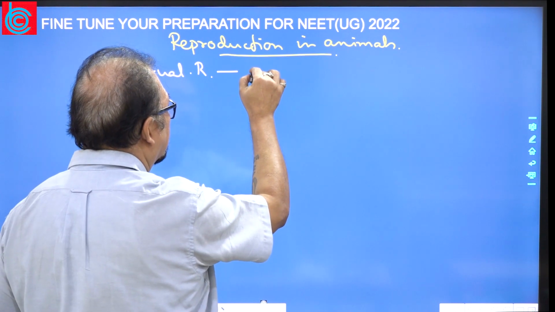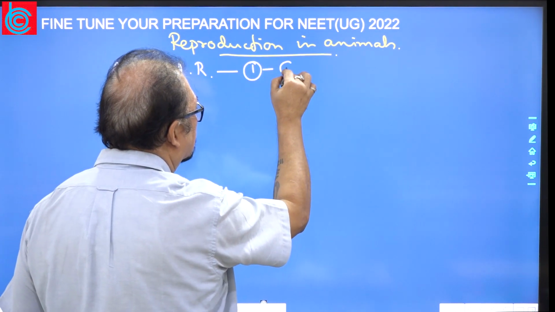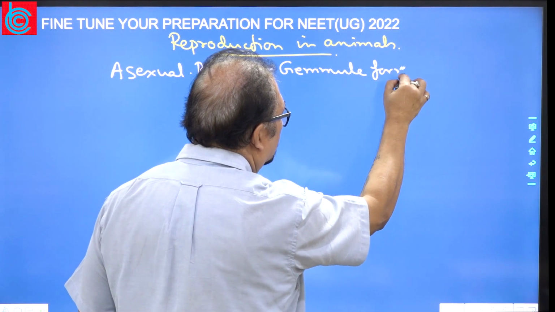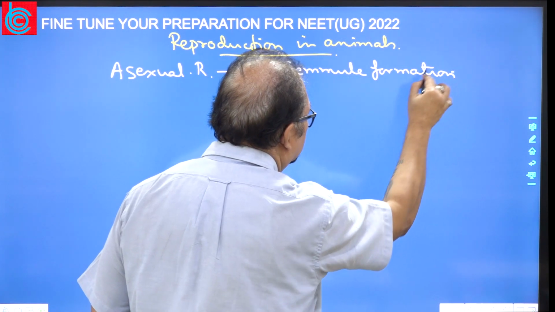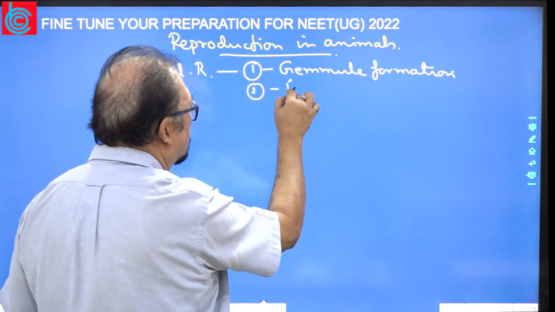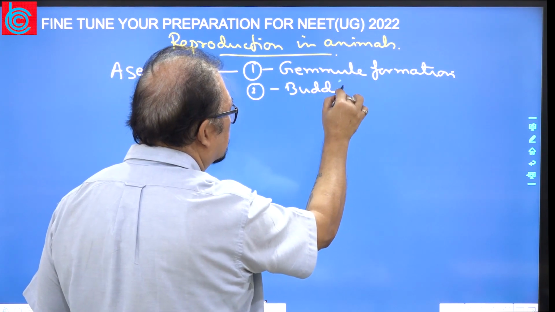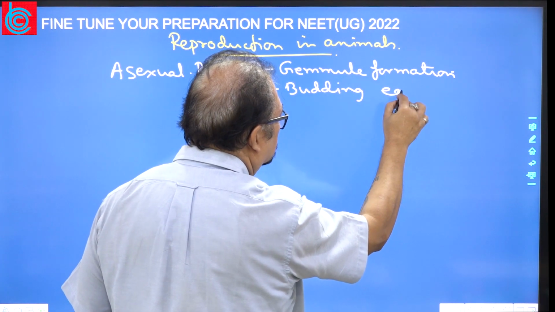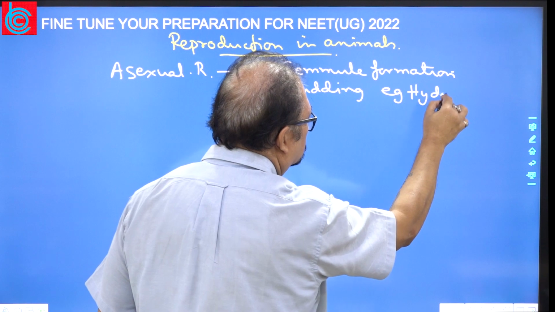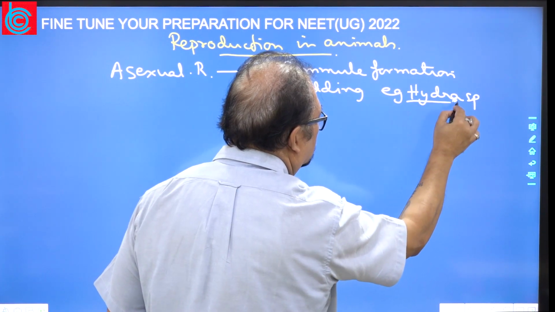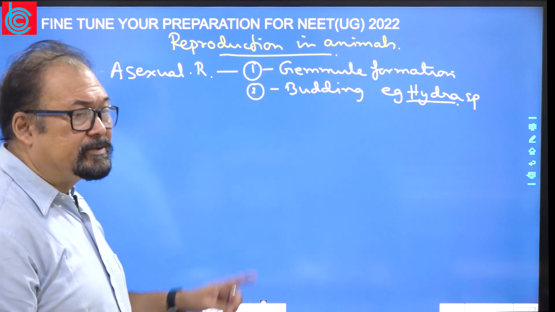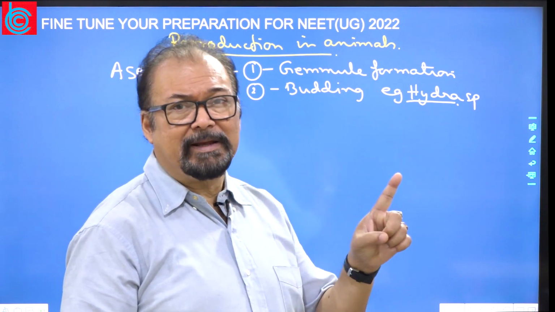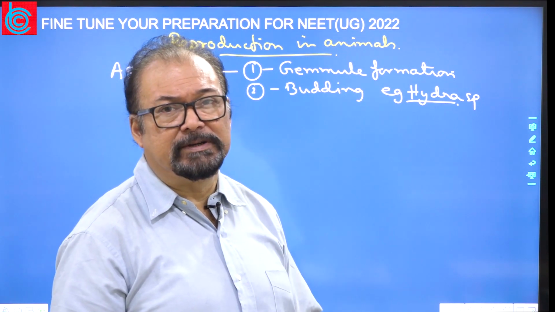Asexual reproduction in porifera, gemmule formation in the sponges, and budding. Budding is present in Cnidaria, that is Hydra. So in animals, only the two types of asexual reproduction is found, but in all animals, sexual reproduction is there.